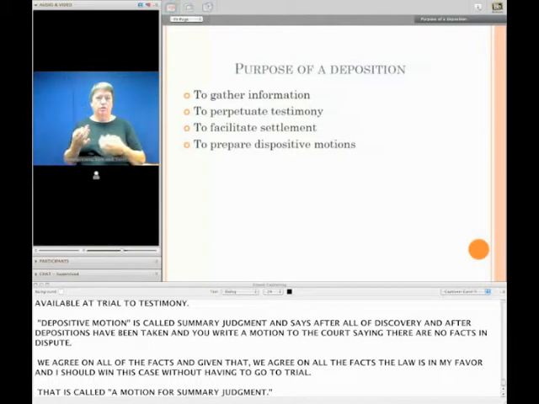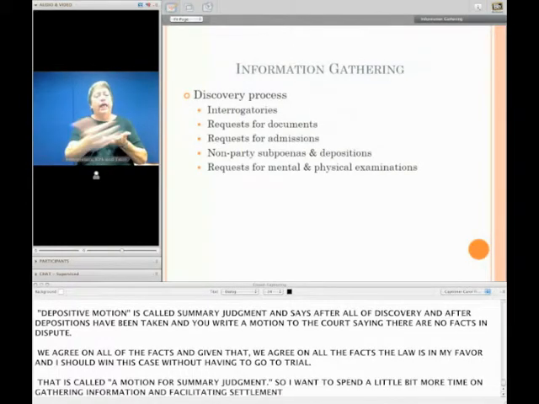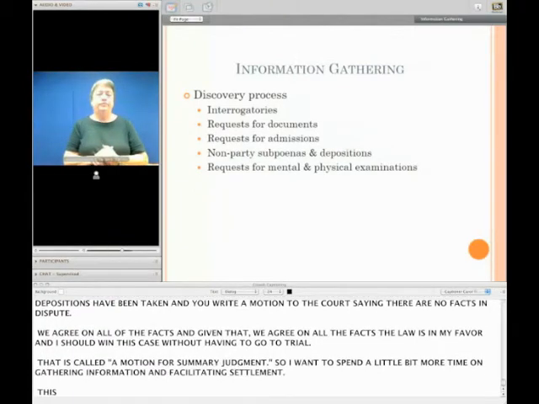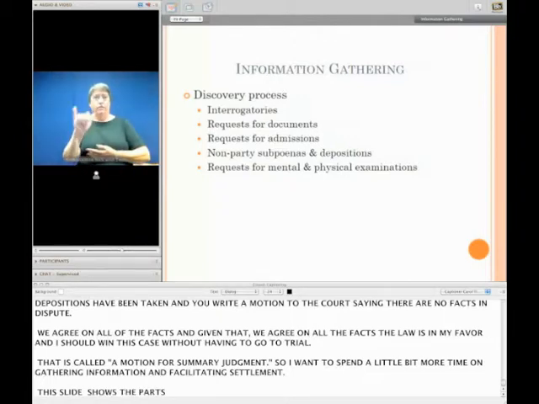So I want to spend a little more time on gathering information and facilitating settlement. This slide shows the parts of the discovery process. So a lawsuit is filed, you go to a scheduling conference.